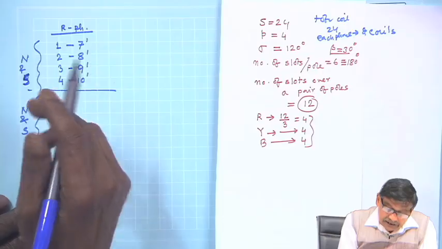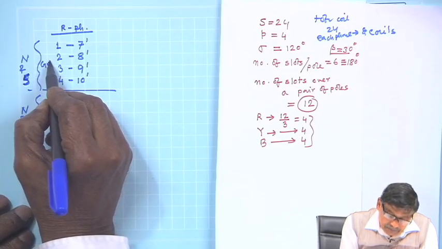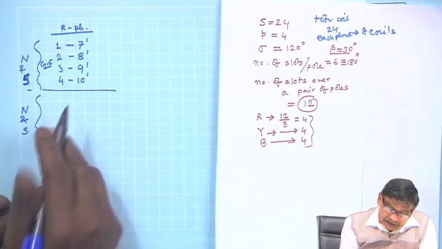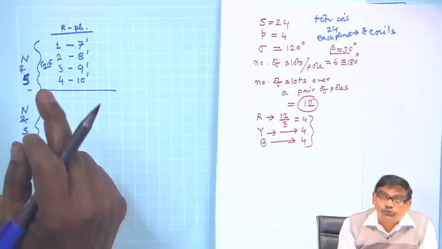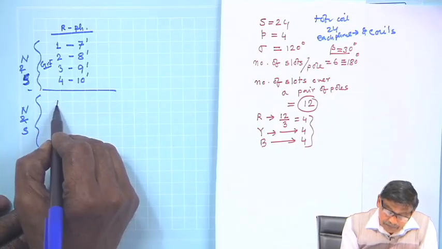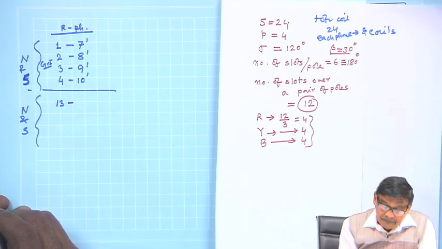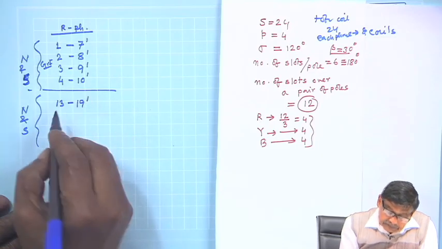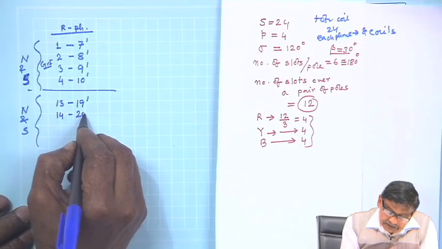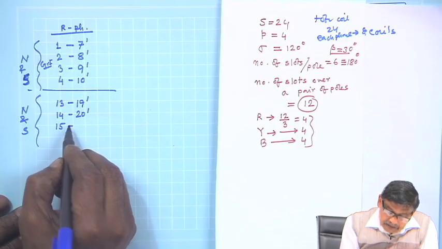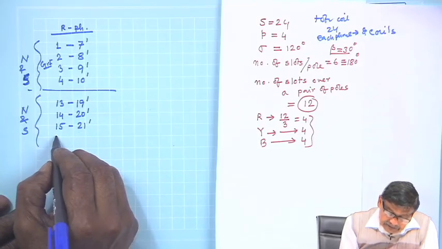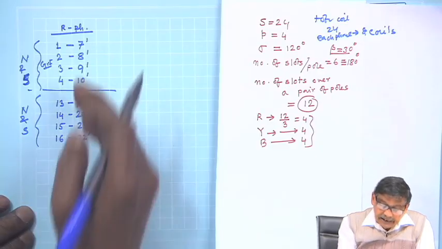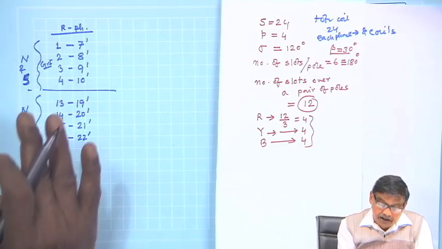Therefore, the start of phase group 2 of R phase, this point is important, should be 1 plus 12, 13. Then 13 plus 6, 19 dashed, 14, 20 dashed, 15, 21 dashed, and 16, 22 dashed, and then all 8 coils are over for R phase.